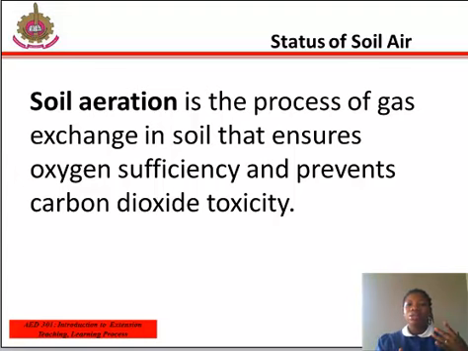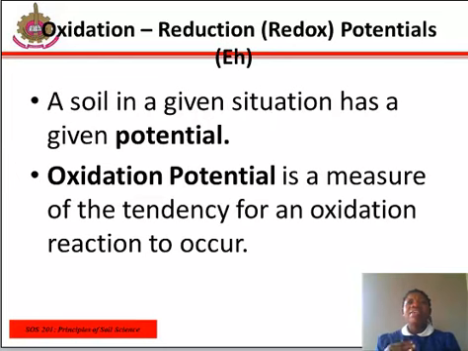A soil in a given situation has a given redox potential. That is, the chemical elements in the soil are at any point in time in a certain oxidation and reduction state depending on the level of soil aeration. In well-aerated soils, the chemical elements are usually in oxidized forms.